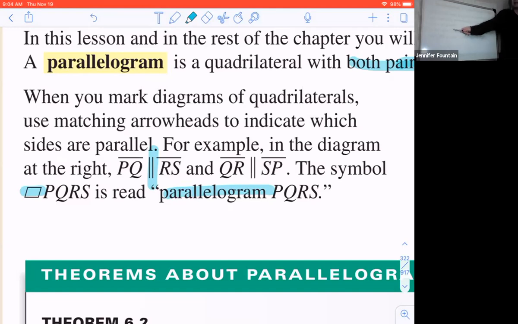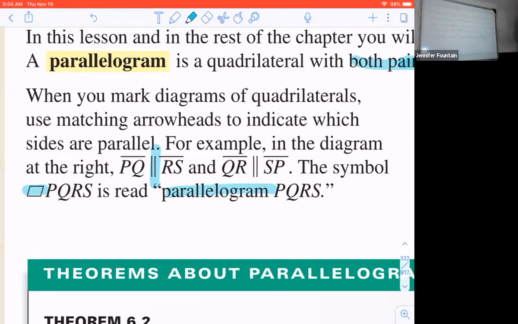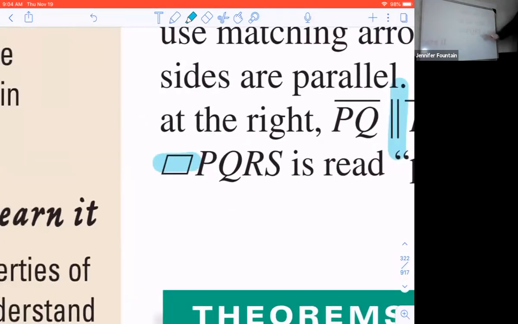So that means side PQ is parallel to side RS. Okay, so symbols really help out as far as shorthand in geometry. And now we're learning a little symbol, our little slanted rectangle, that represents a parallelogram, so you don't have to write that word out.